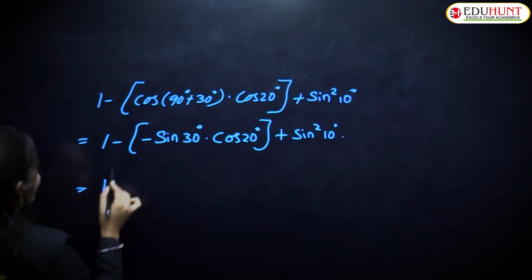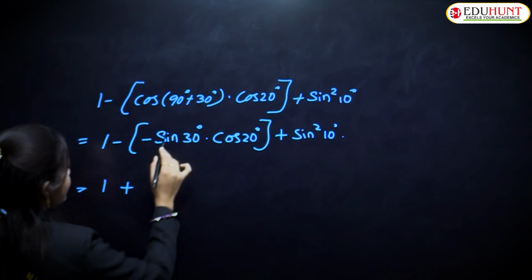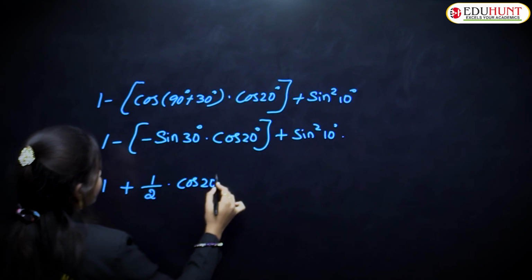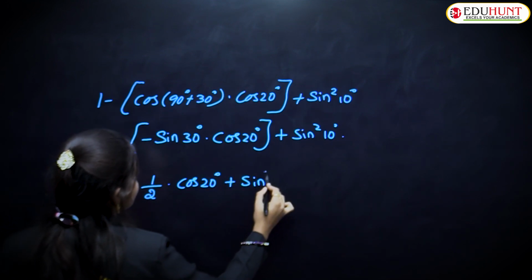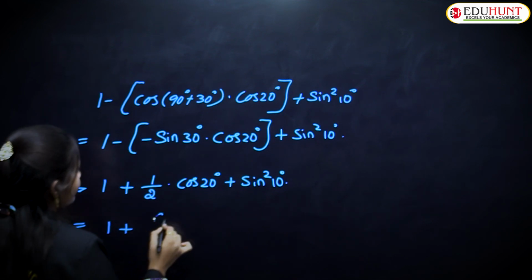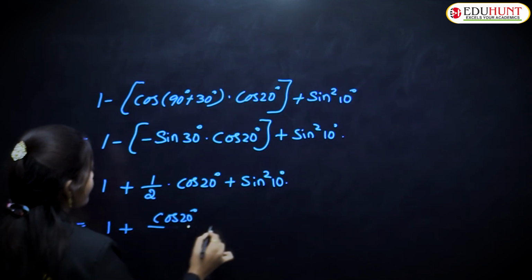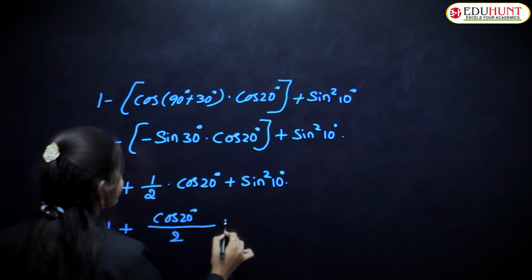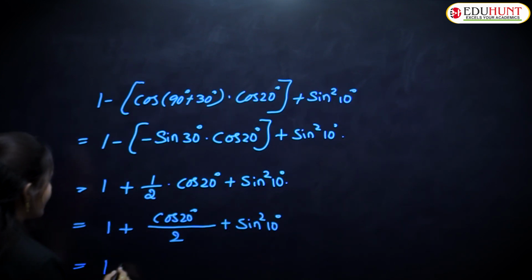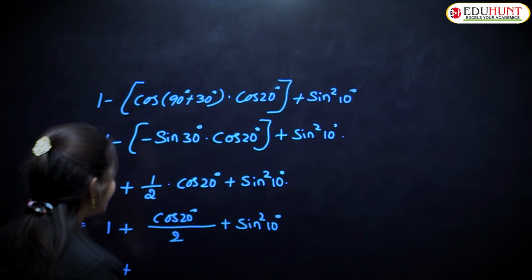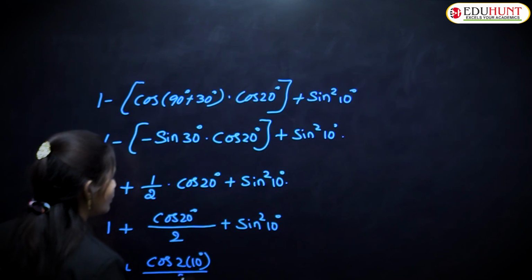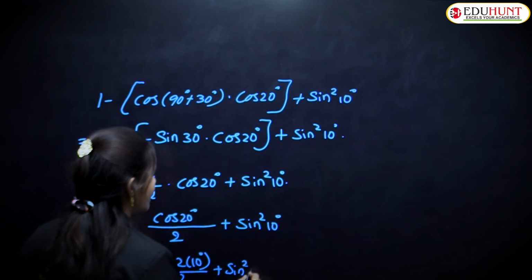Now simplify this. 1 minus into minus is plus, sine 30 degrees means 1 by 2 into cos 20 degrees, plus sine square 10 degrees. So here 1 plus cos 20 degrees by 2 plus sine square 10 degrees. Okay, so from this, 1 plus cos 20 degrees, we can write as cos 2 into 10 degrees, by 2, plus sine square 10 degrees.